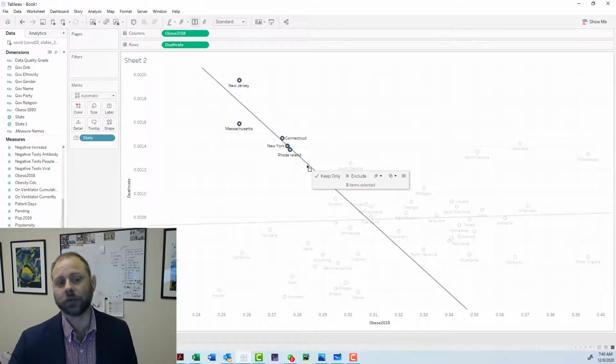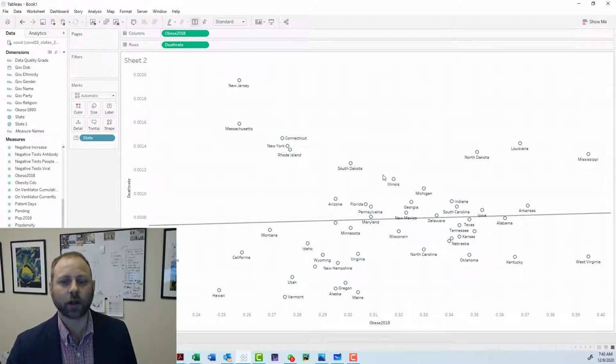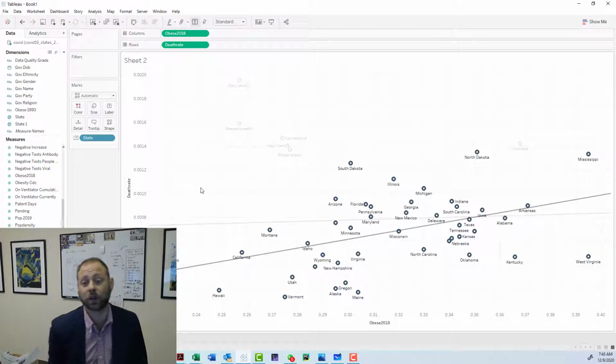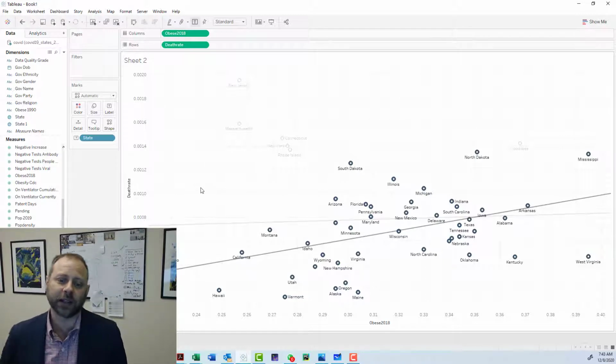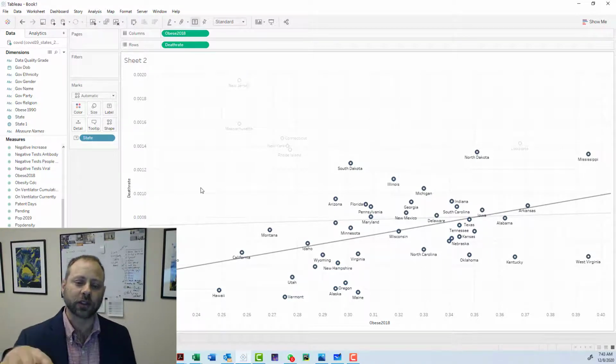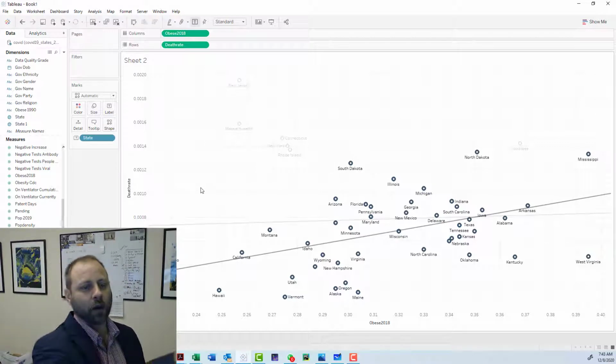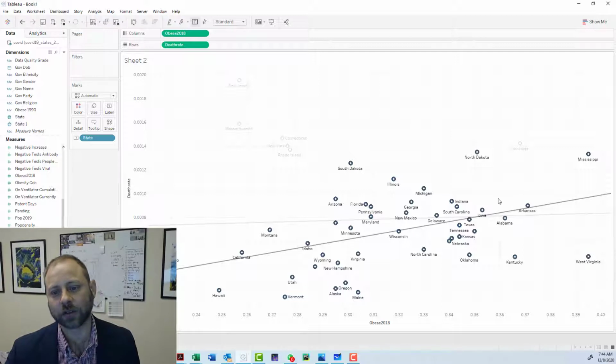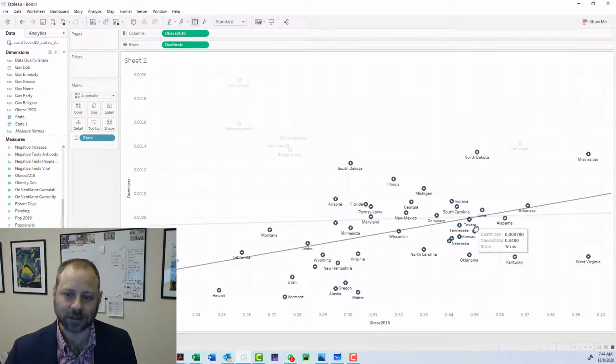Which is absolutely fascinating. However, if we exclude those states, then we have a much, much steeper obesity line. And I think this is a better reflection of what's actually going on in the country without the outliers of New Jersey and Massachusetts. More to the point, you've got a lot of southern states over on the right-hand side. Kentucky, Alabama, Mississippi, West Virginia, Arkansas, Oklahoma, Texas, Tennessee.